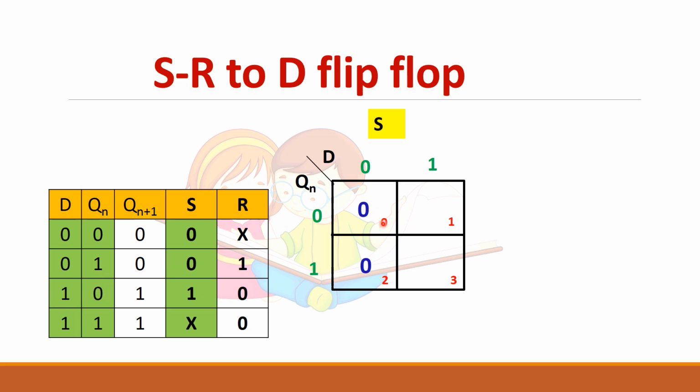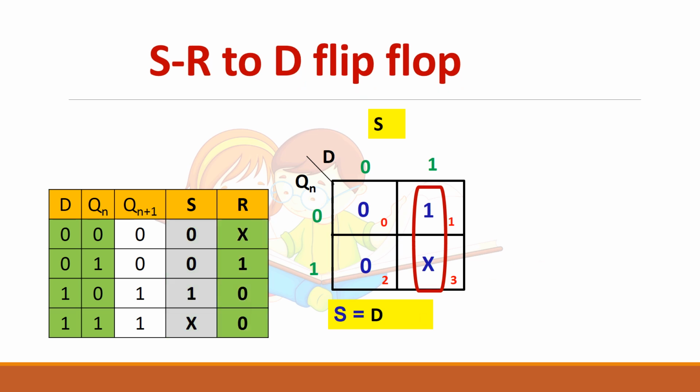For 1 0, it should be 1, and again final one 1 1 condition, it is X. So now this is a don't care. X means don't care. So you can combine these two together. So what is S equal to? This is D. So S is equal to D.